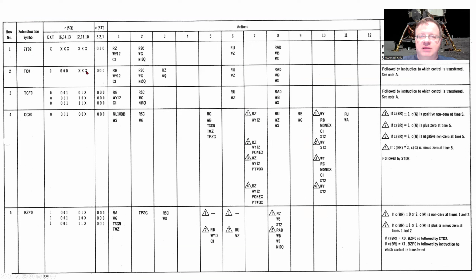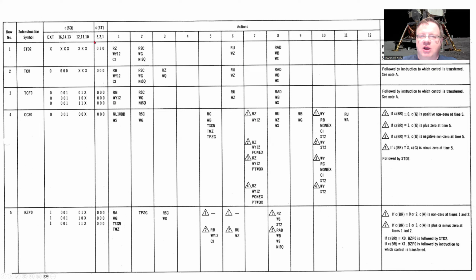And then we don't really care about the other bits, because this is going to be a memory address, or the 3 high bits of the memory address associated with this particular instruction. For TCF0, this is a quarter code, so we don't care about the last one, because that's being used by the high bit of the address, and so on and so forth.